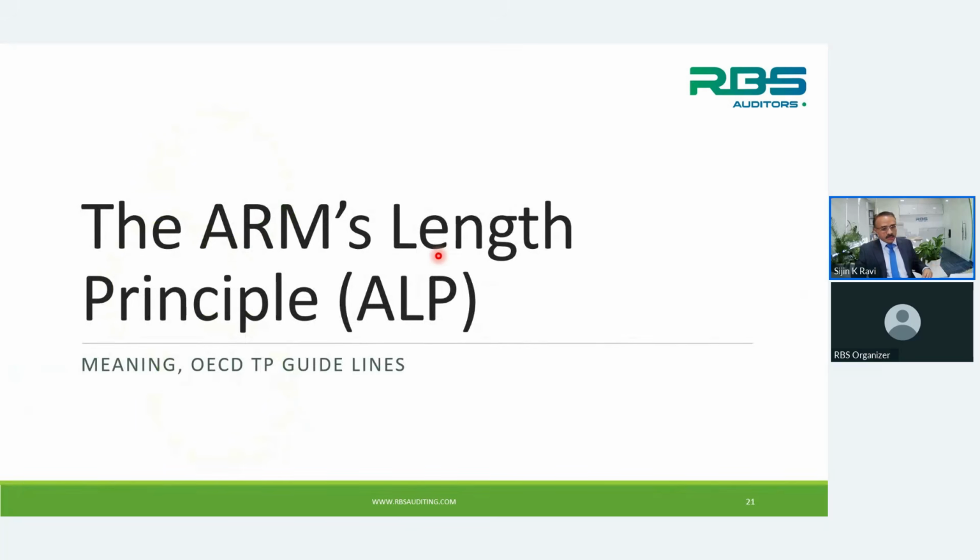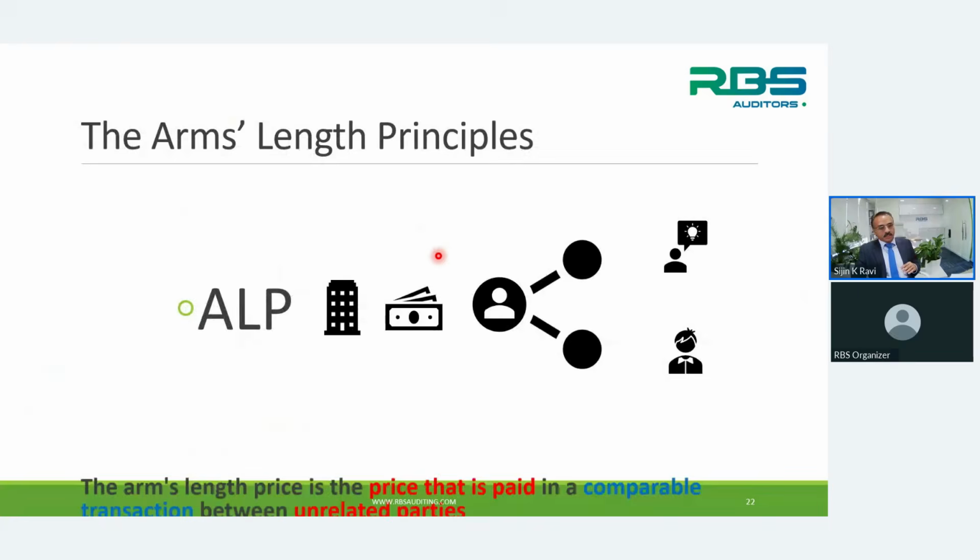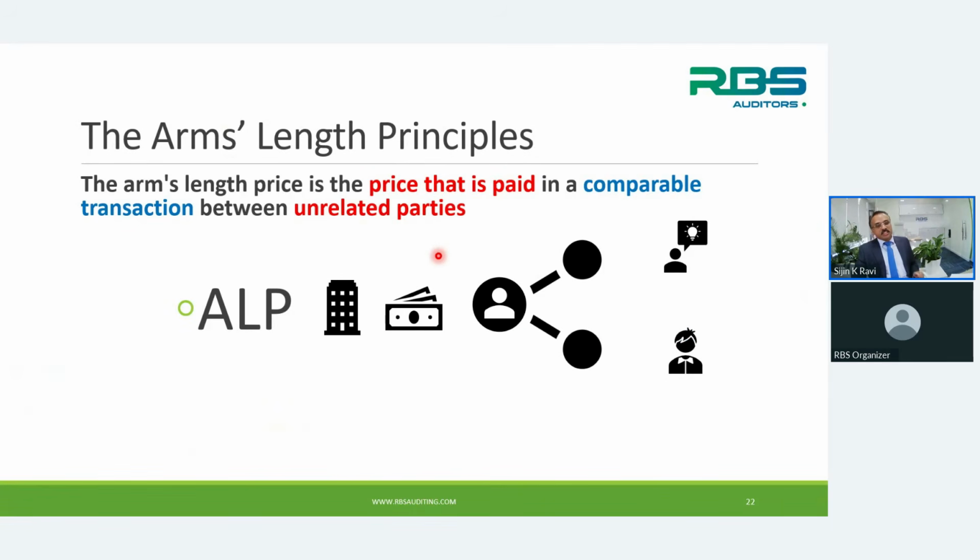So let us look at arm's length price. We'll discuss the meaning, OECD TP guidelines and everything. Arm's length price is the price that is paid in a comparable transaction between unrelated parties. So you have a company doing transactions with related parties and with unrelated parties.